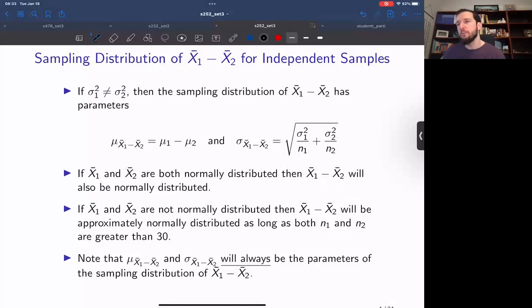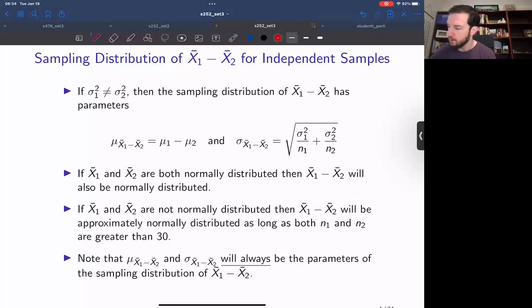When we are running hypothesis tests about independent samples, we can show that given the population variances are not equal, which is something we will assume throughout this class, the mean of the sample mean difference is mu1 minus mu2, and the standard deviation of the sample mean difference is given by the square root of sigma 1 squared over n1 plus sigma 2 squared over n2.